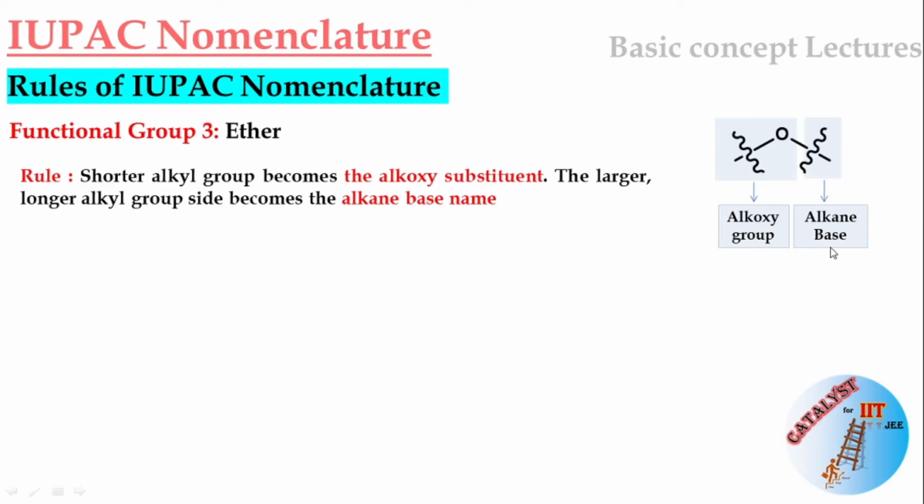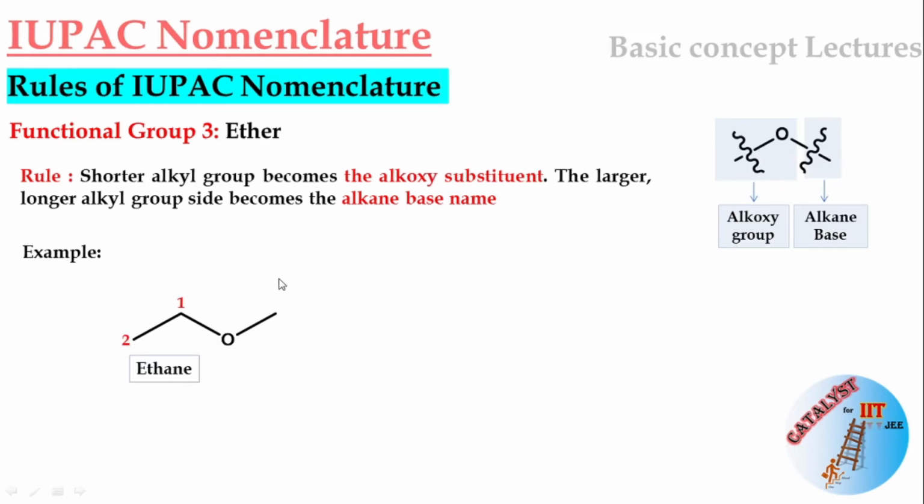I know it is quite difficult to understand, so let us understand this by taking an example, in which the oxygen atom is connected with two side chains. One side chain has only one carbon, while the other side chain has two carbons, right? 1 and 2 and 1.